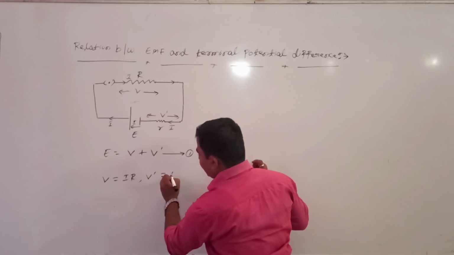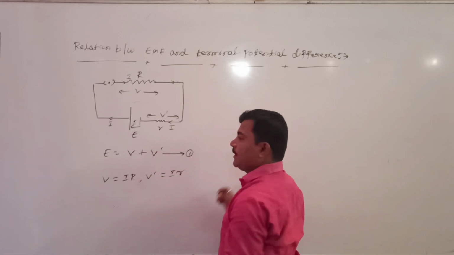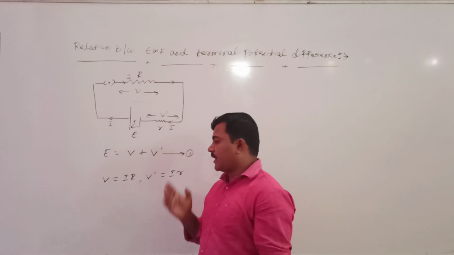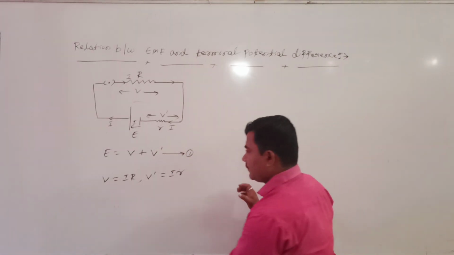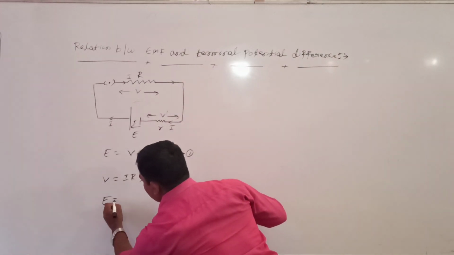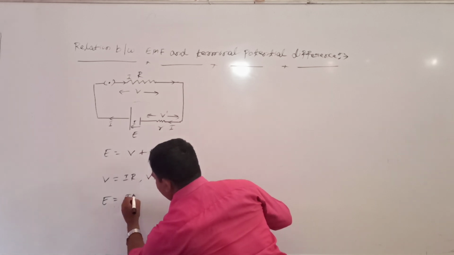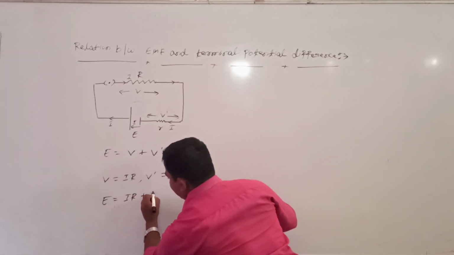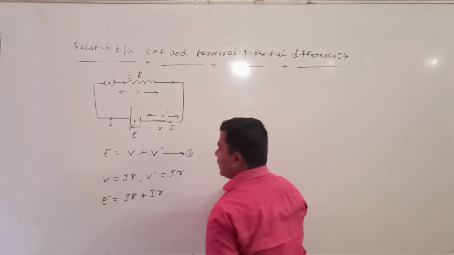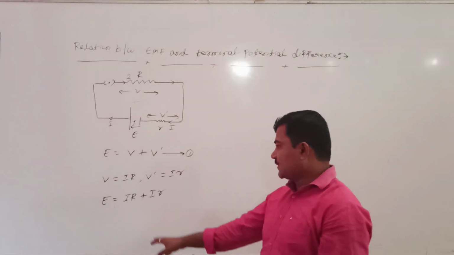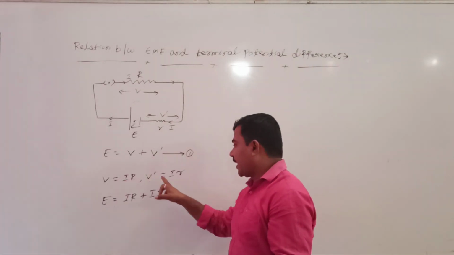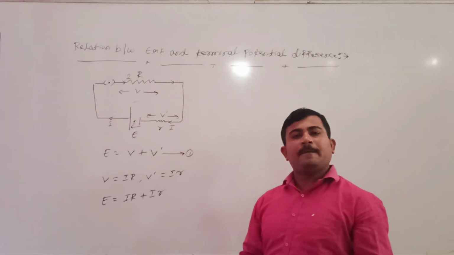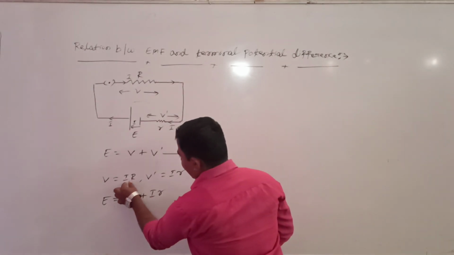Then how does equation 1 become? EMF E must be equal to I into R plus I into small r, because V equal to I into capital R, and V dash equal to I into small r.